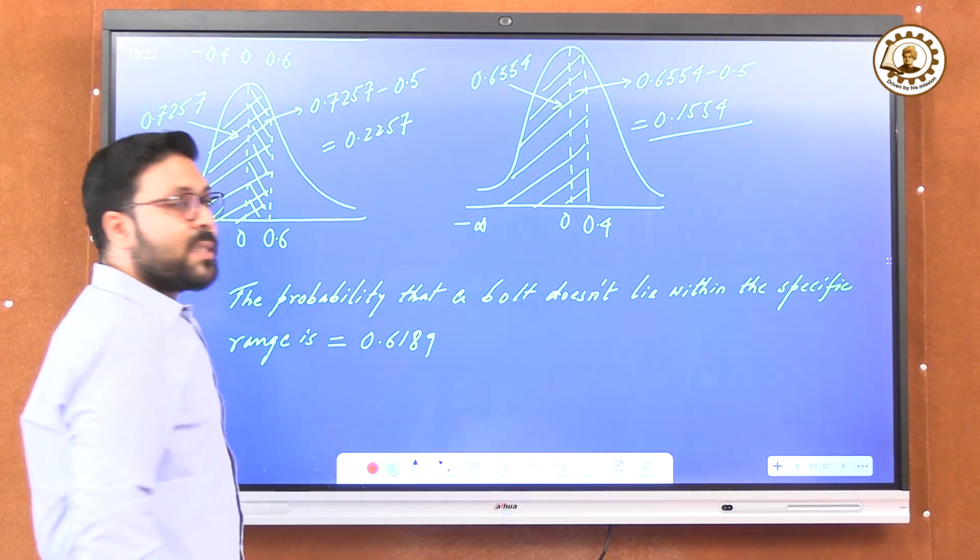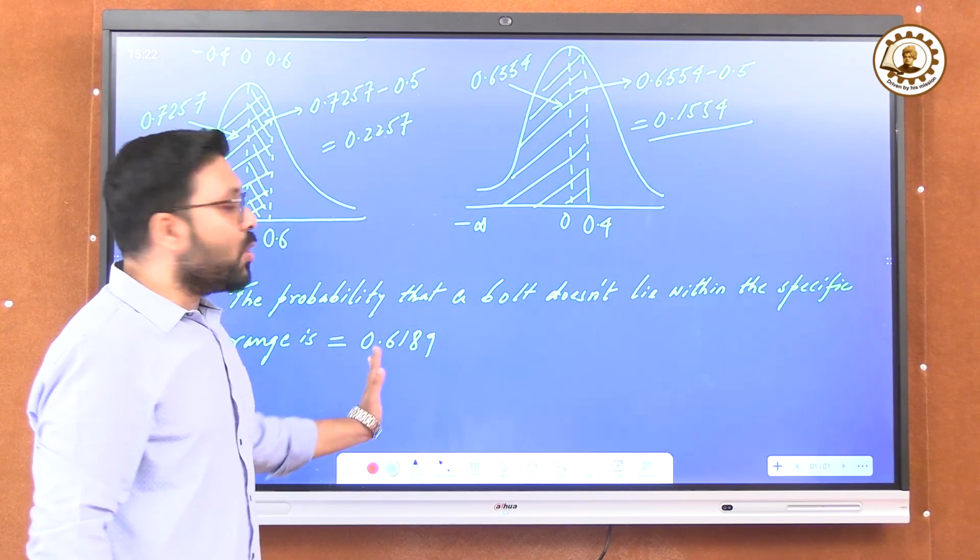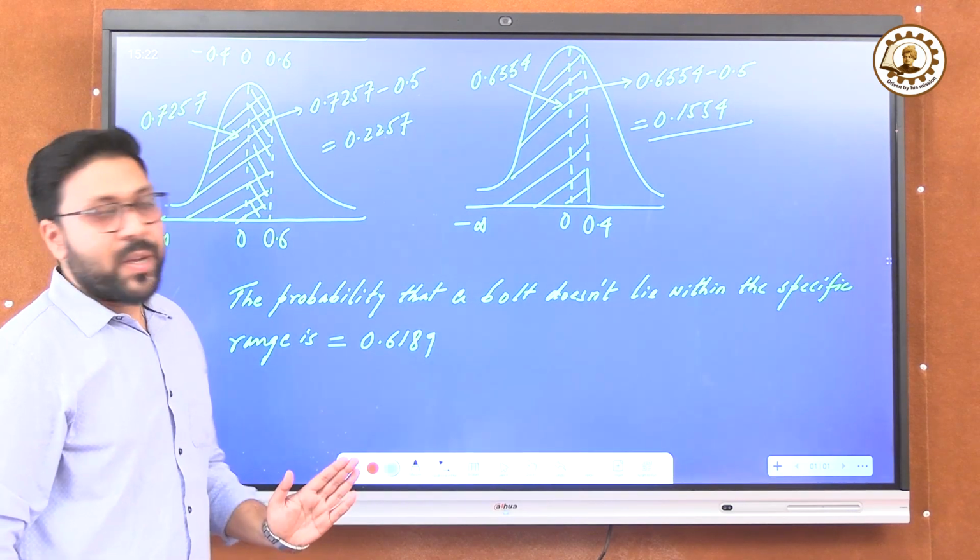That means 61.89% of the bolts are not within this specific range.